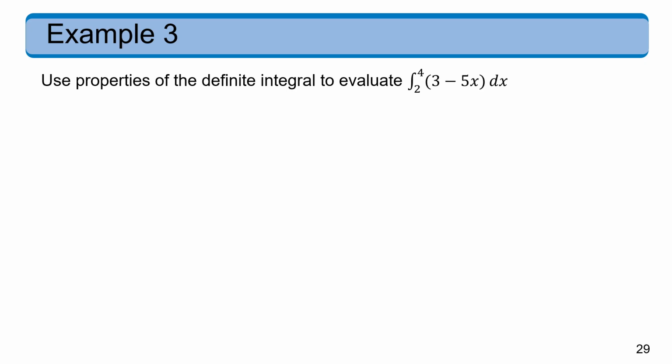Now we're going to see how we can use some of the properties we've learned in this example. So we're asked to evaluate this integral, and notice there's a difference. One of the properties we saw, first let me just copy the problem, said that if you're integrating a difference, you can split the integral up to each term individually.